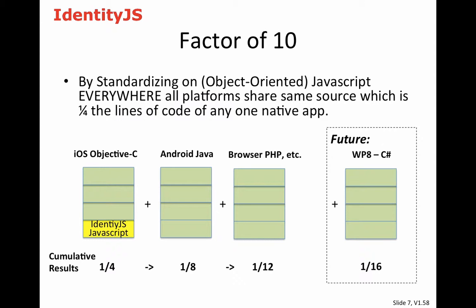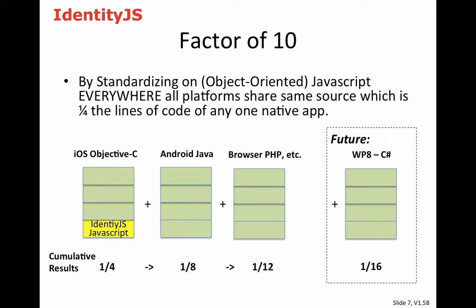We've talked of IdentityJS reducing the cost of system development and maintenance by a factor of 10. Let's see where that number comes from. It's based on a case study I did with my own first native application called IMOK, which is a personal security service that I implemented on iPhones, Androids, and browser, completely as a native application on both the phones.